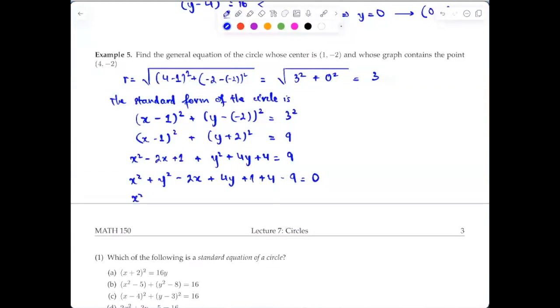Okay, that is x squared plus y squared minus 2x plus 4y minus 4 equal to 0. So this is the general form of the circle.